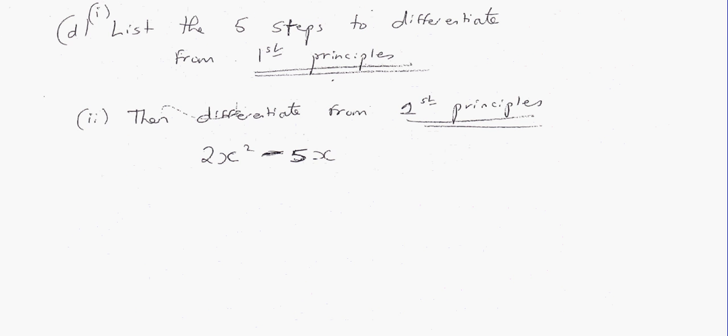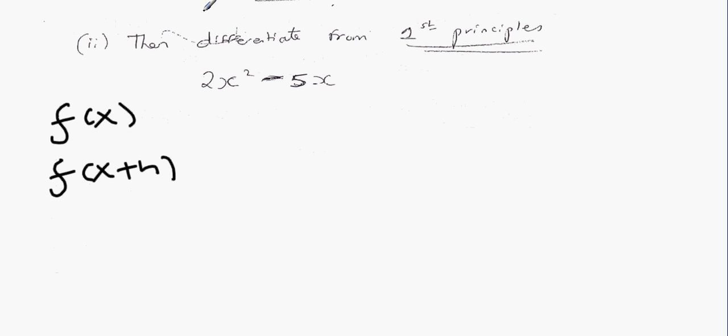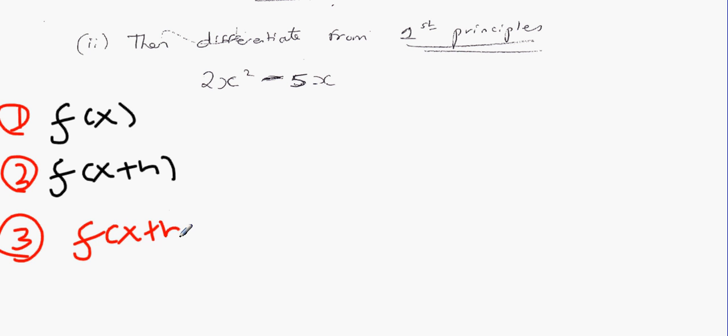Next one. List the 5 steps to differentiate from first principles. Okay. I am sure there's 5 steps, but we'll go through the steps anyway. f of x plus h. I write the first two of these down first. So I'd go 1, 2, and then my third step would be f of x plus h minus f of x.